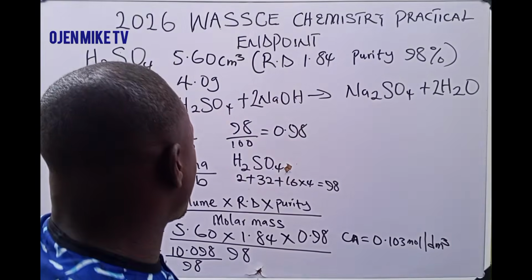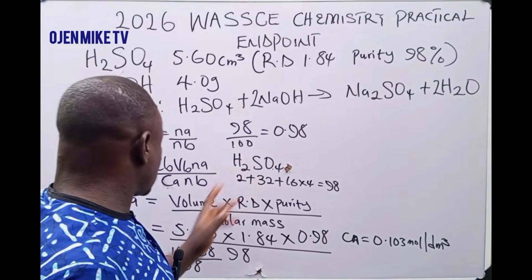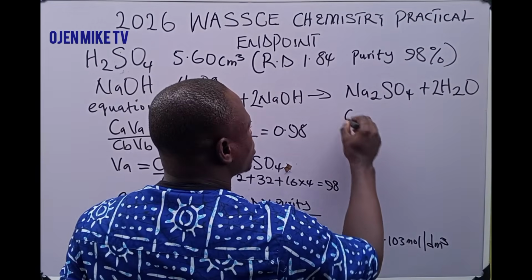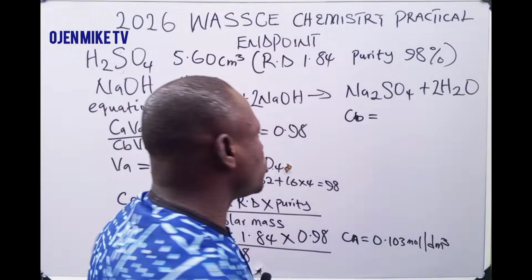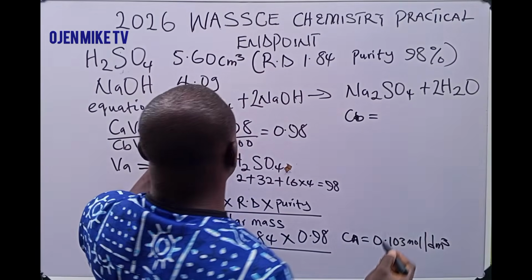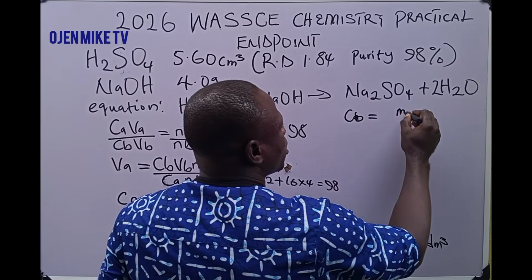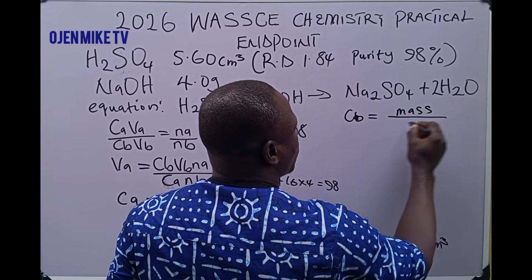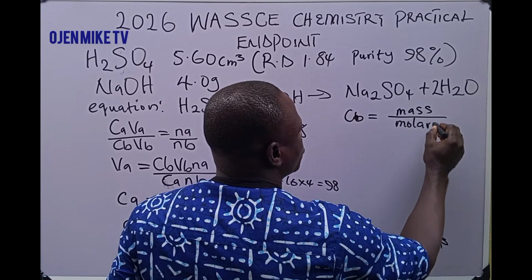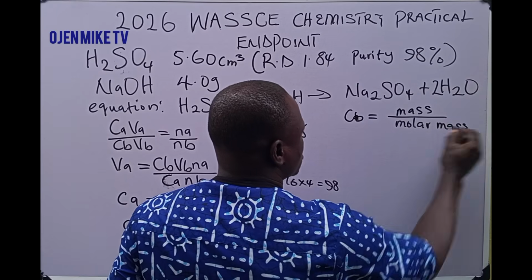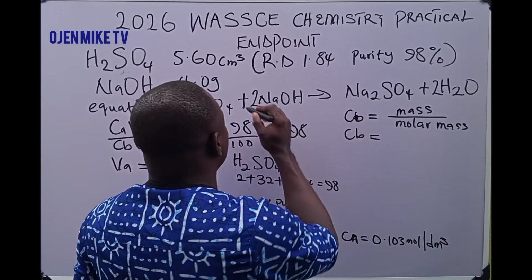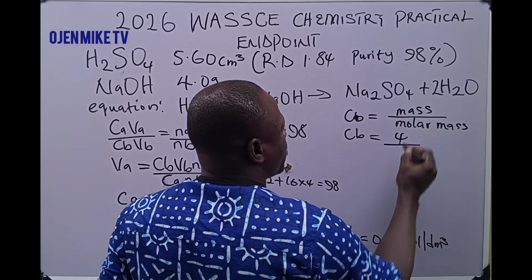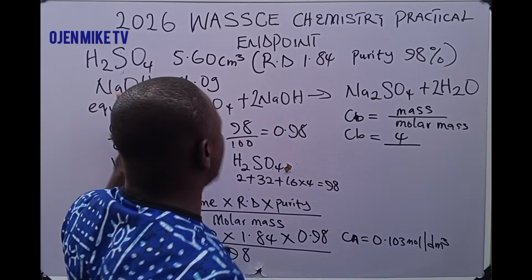Now let's do our Cb. Concentration of base is equal to, this one is simple. It is given in grams, so you simply say mass over molar mass. So Cb will be the mass, 4 grams, divided by the molar mass of sodium hydroxide.